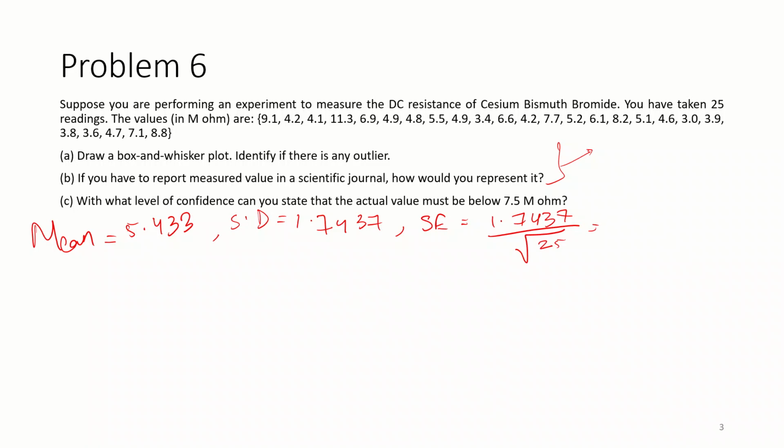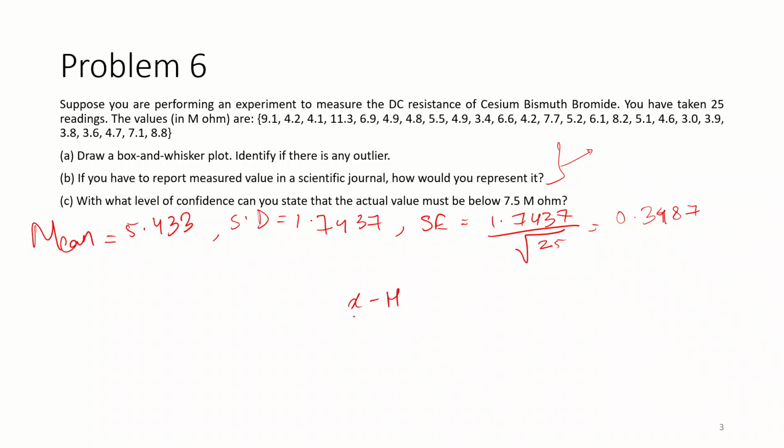Then we can find the significance value.